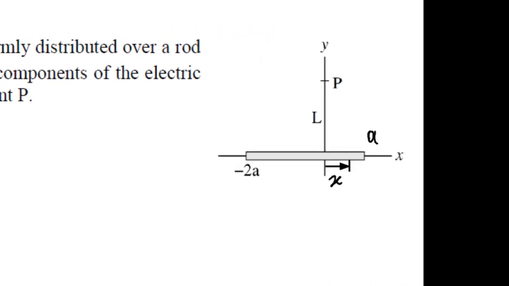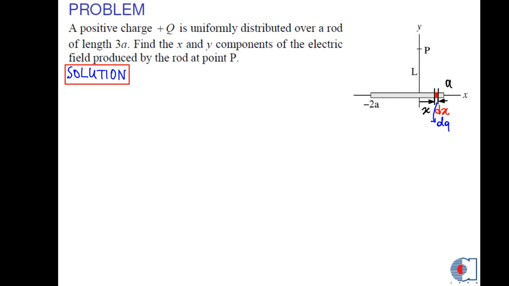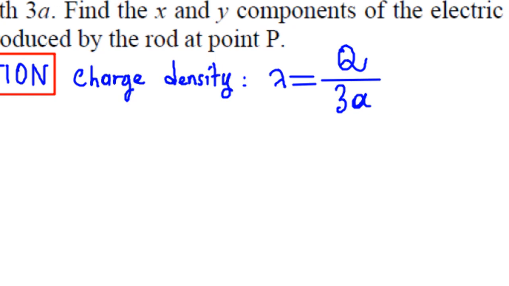At a distance x to the origin, in a thickness dx, we choose a differential element dq. Since the charge is distributed uniformly, the charge density lambda is found as Q over 3a, or in a differential form, it is dq over dx.